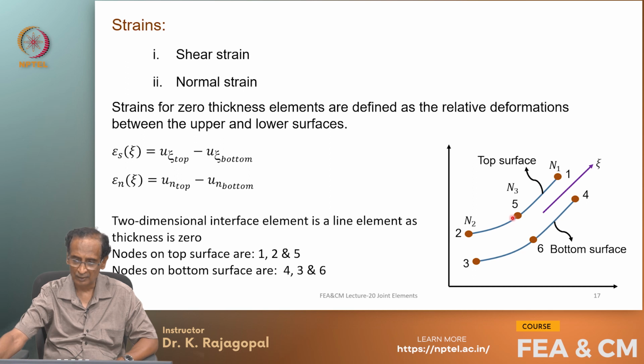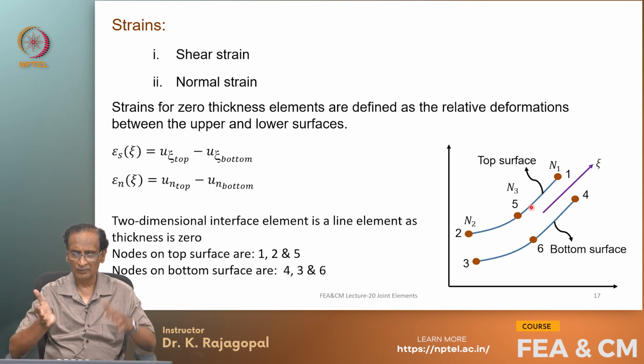Nodes 1, 2, 5 are on the upper surface, and nodes 3, 4 and 6 are on the bottom surface, and let us define xi along the length and eta normal to the surface.